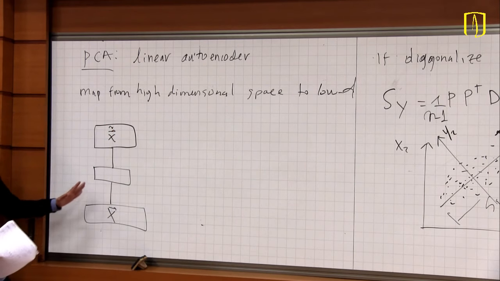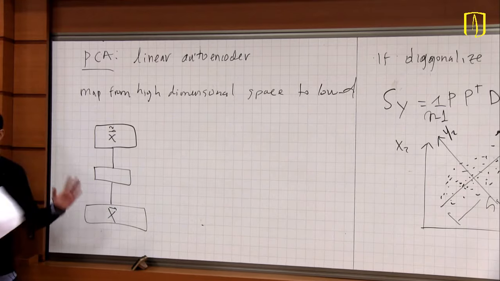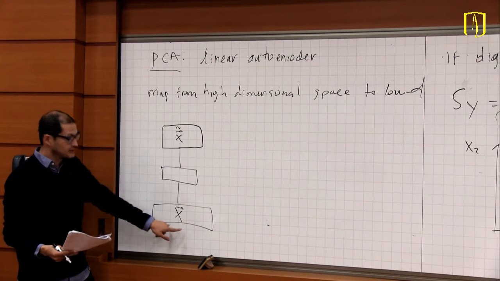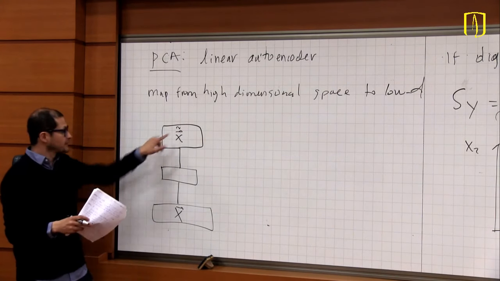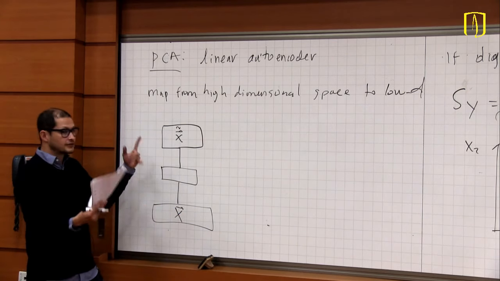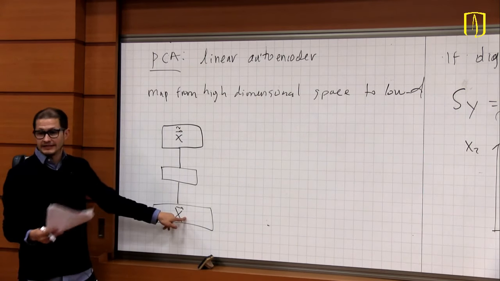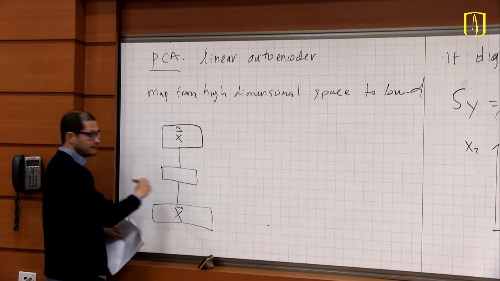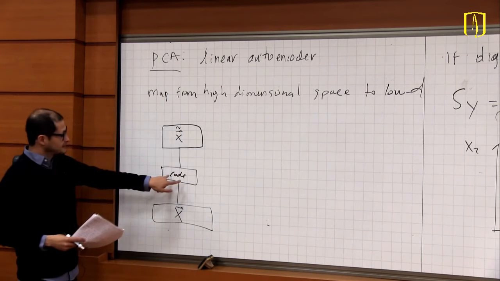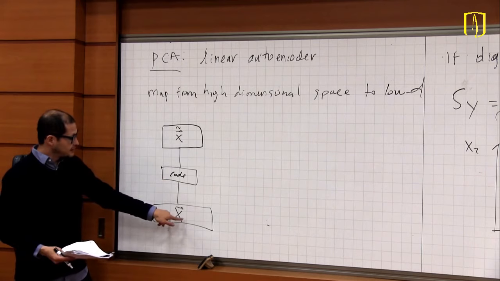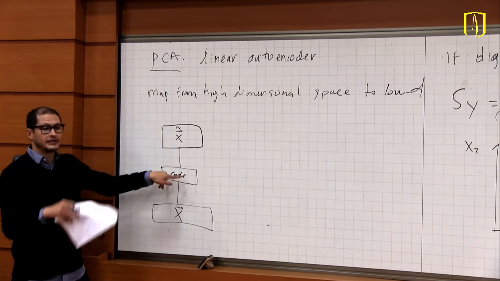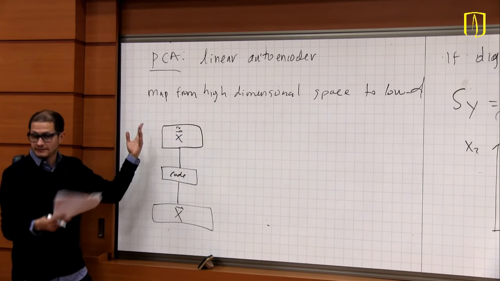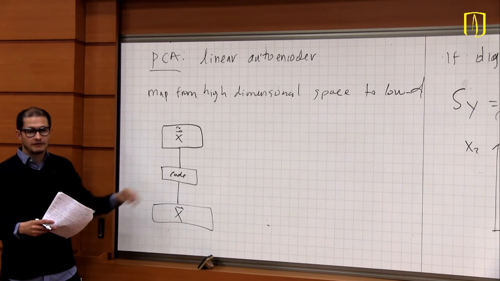Since you impose a type of bottleneck where you reduce the amount of information, this X tilde is not going to be perfectly reconstructing your original input X. So X tilde is an approximation, or a reconstruction, of your original data X. If you put in a lower dimensional code, people call this an autoencoder. This is why they call it autoencoder: you start from X, you encode it into a code, and then you decode it back into the original space as an approximate reconstruction of the original data.